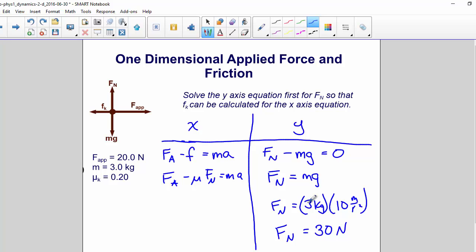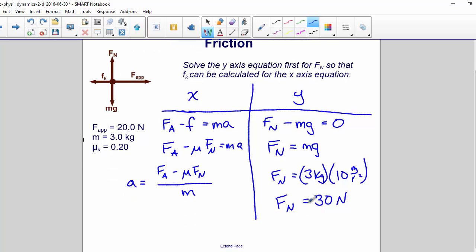Now it's time to find the acceleration. In order to solve for acceleration, we have to divide both sides of this equation by m. So we get A is equal to force applied minus mu times normal force divided by m.